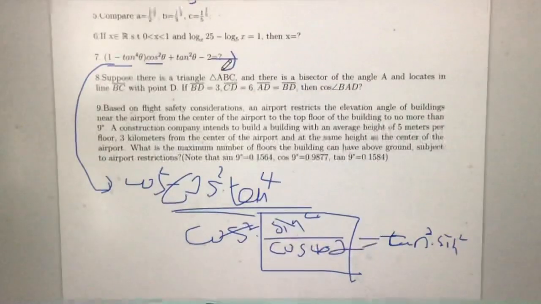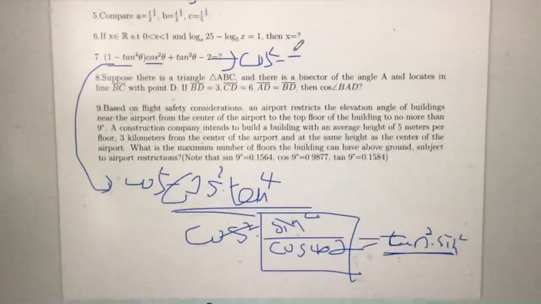Okay, so we just do that. So this is the cosine with power 2, and we minus this one with tangent squared times sine squared.